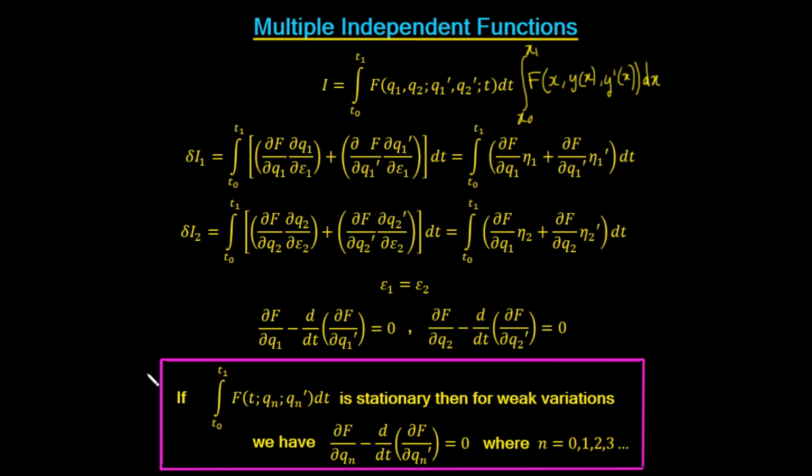Okay, so that's relatively straightforward. So let's go ahead and look at this example here, in terms of our second variation and also our conjugate points.